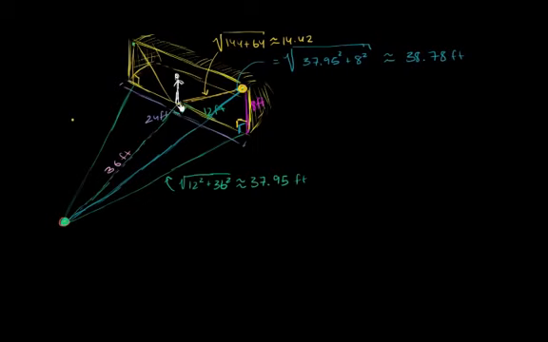Now, we assume that the goalie isn't traveling all the way from here to all the way there. The goalie has some height and he or she could stick their hands up in the air. So we could imagine a goalie stretched out like this, trying to dive for that ball. And so the actual distance that they have to travel is from the tip of their reach to that corner right over there.